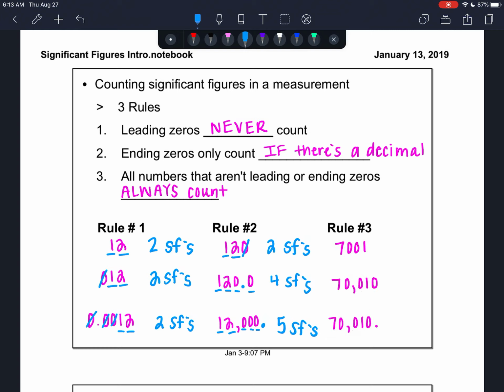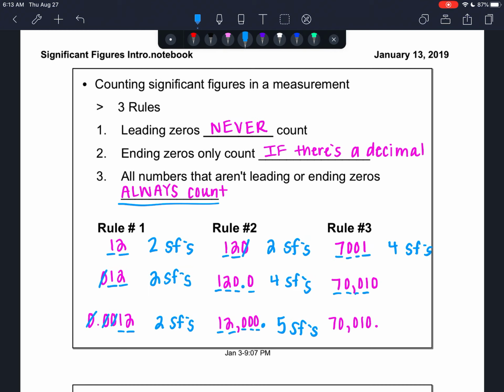Last rule, rule number 3. All numbers that aren't leading or ending zeros always count. So 7 and 1 definitely count. Since these zeros are not leading or ending zeros, they're going to always count. So we have 4 significant figures. My next one, I know that 7 and 1 are going to count.